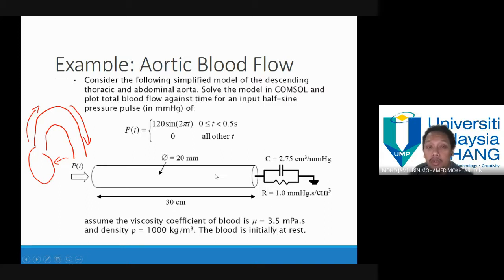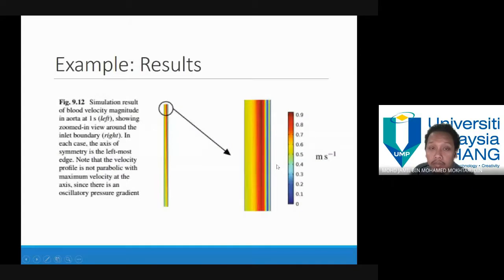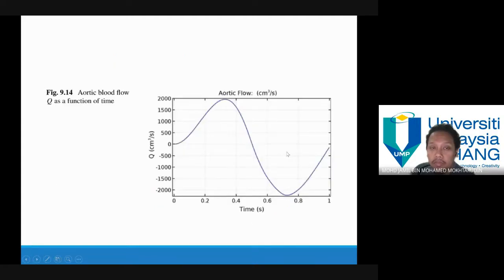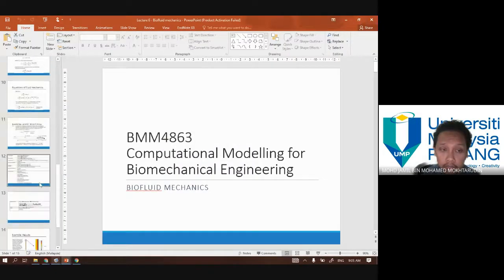So we can do this in COMSOL Multiphysics. So this is the step, and this is an example of the results. After we do the simulation, we will get this kind of results. Okay, so let's do the tutorial.